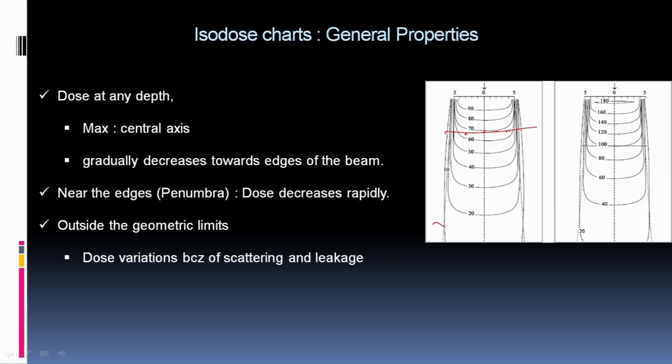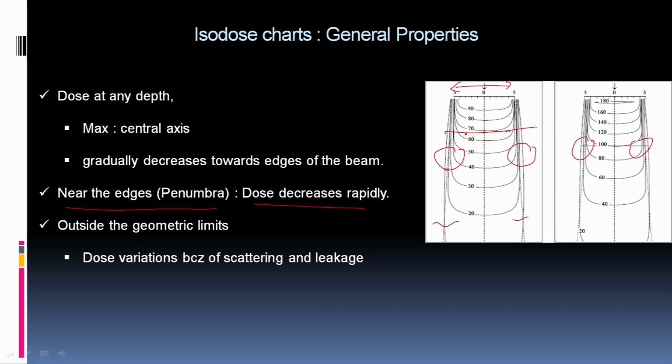These are the edges of the radiation beam. Near the edge the dose decreases rapidly. Near the edge you can see these are the points where the dose decreases very rapidly. And outside the geometrical limits, if we consider this is a 10 by 10 centimeter field size, so this is 10 centimeter and the other section, not shown in the figure, will also be 10.